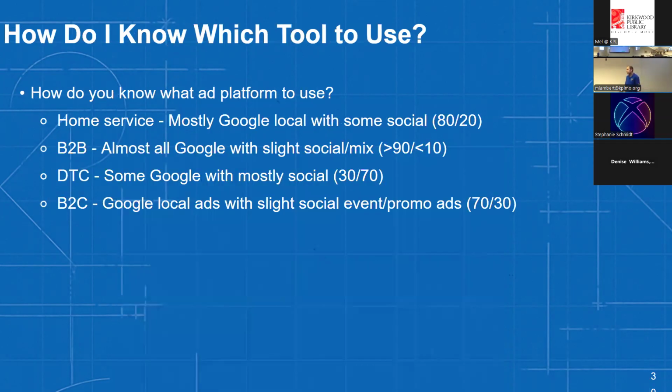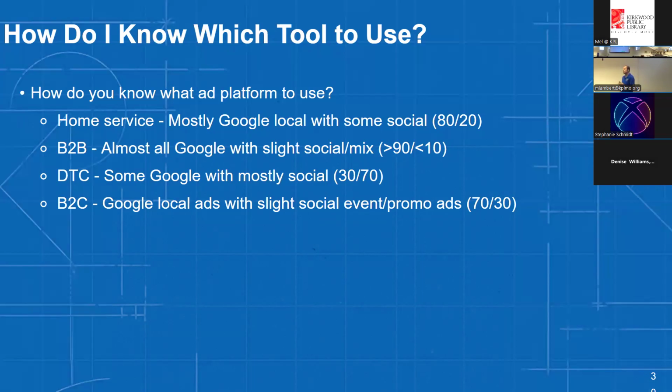So, how do you know which ad to use? This information up here is my hunch. It's not really rooted in anything. It's how I perceive the paid ad world. So take this as you wish. Home service: if you're a home service company, you're more than likely going to use some Google local ads with a touch of social.